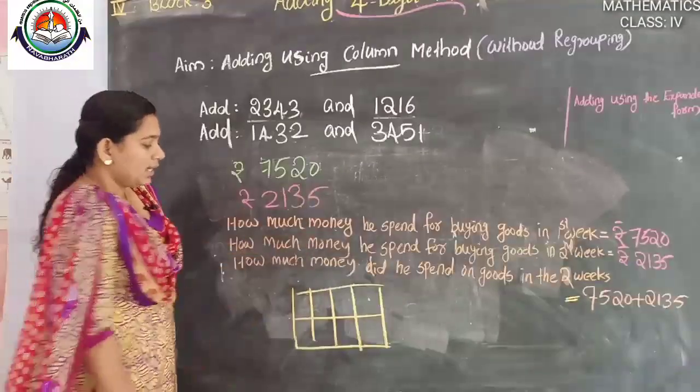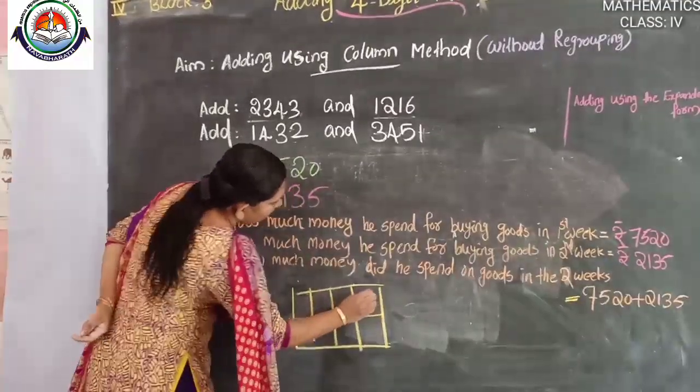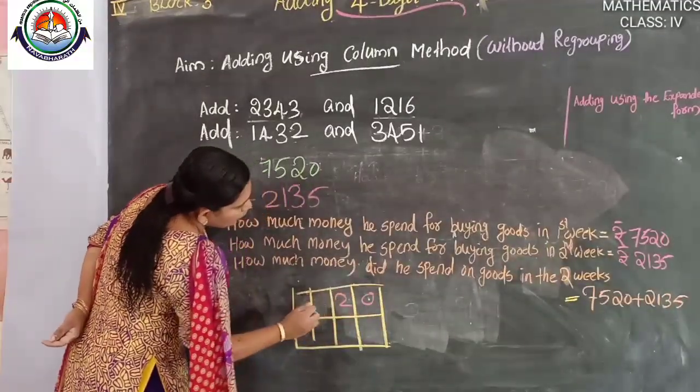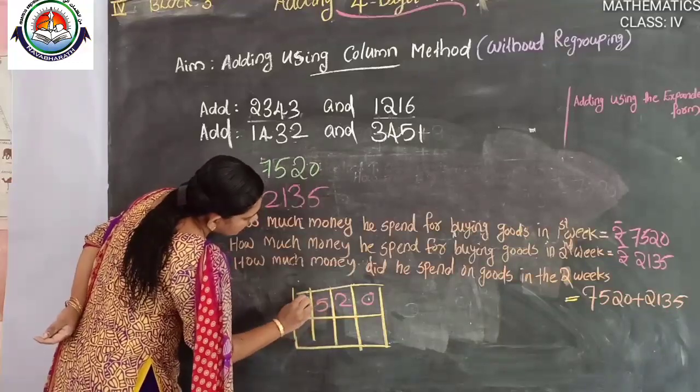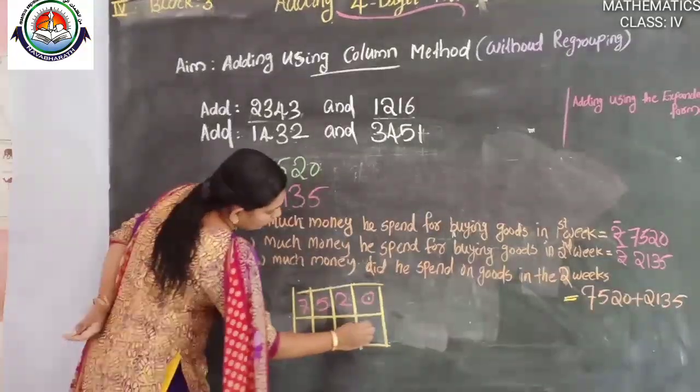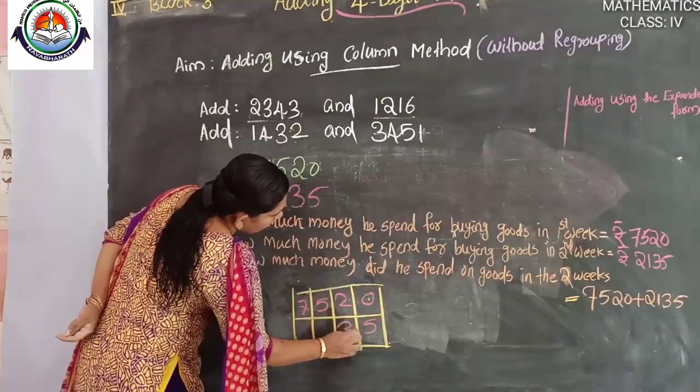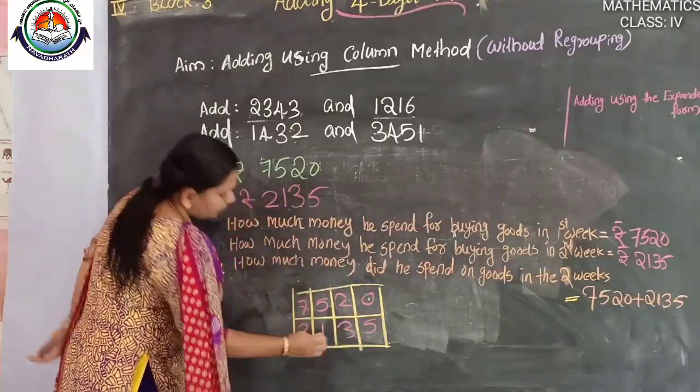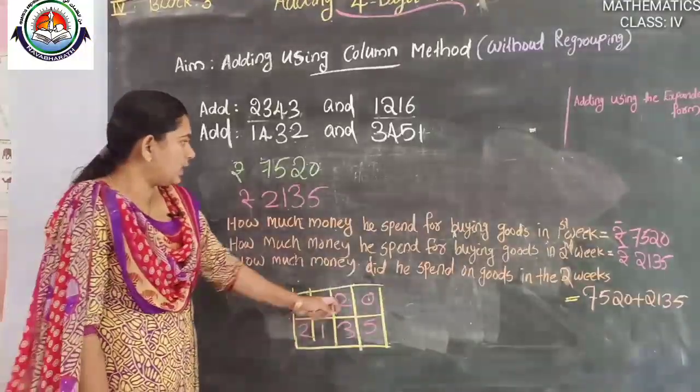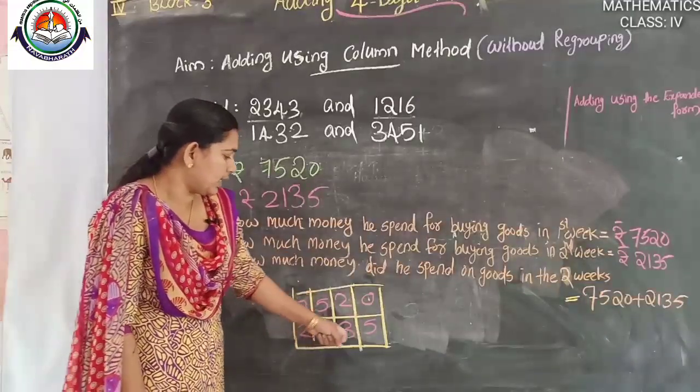From the right side, 0, 2, 5, 7, then 5, 3, 1, 2. 7,520 and 2,135.